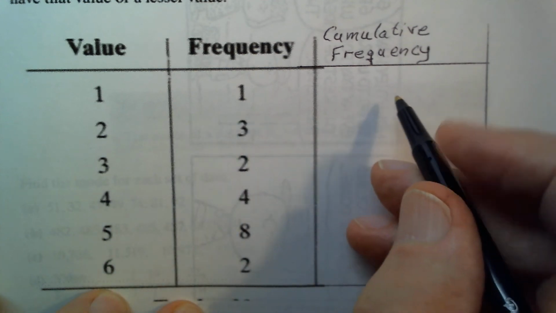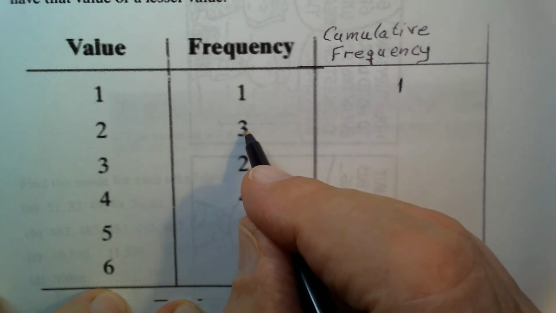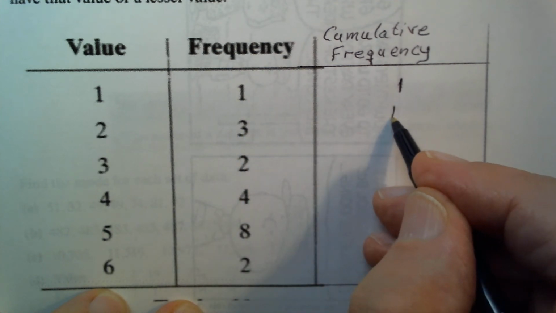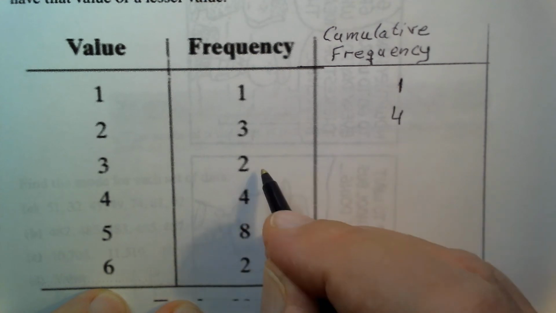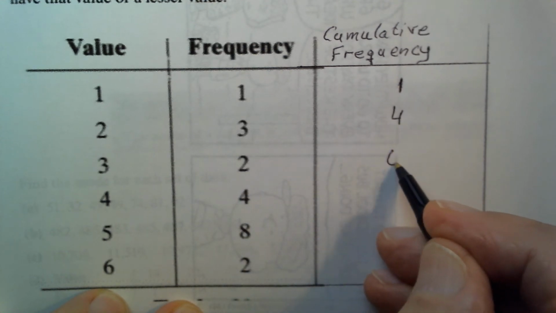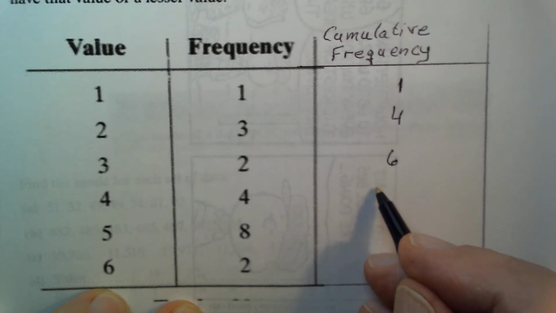So the first value would be 1. Then to the 1, we add the next frequency, 3. So 1 plus 3 is 4. Then we add the 2 to the 4 to give us a 6. Then we add the 4 to the 6 to get a 10.